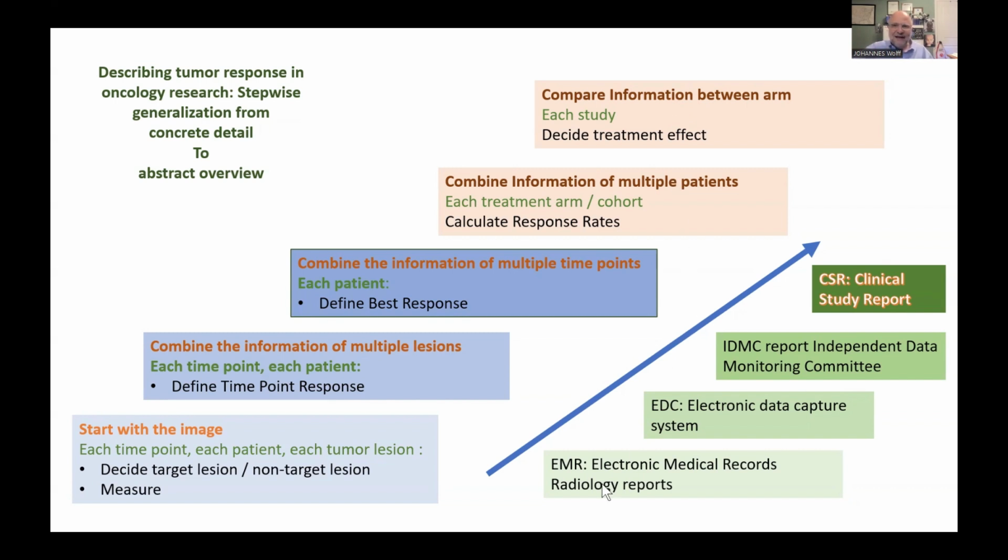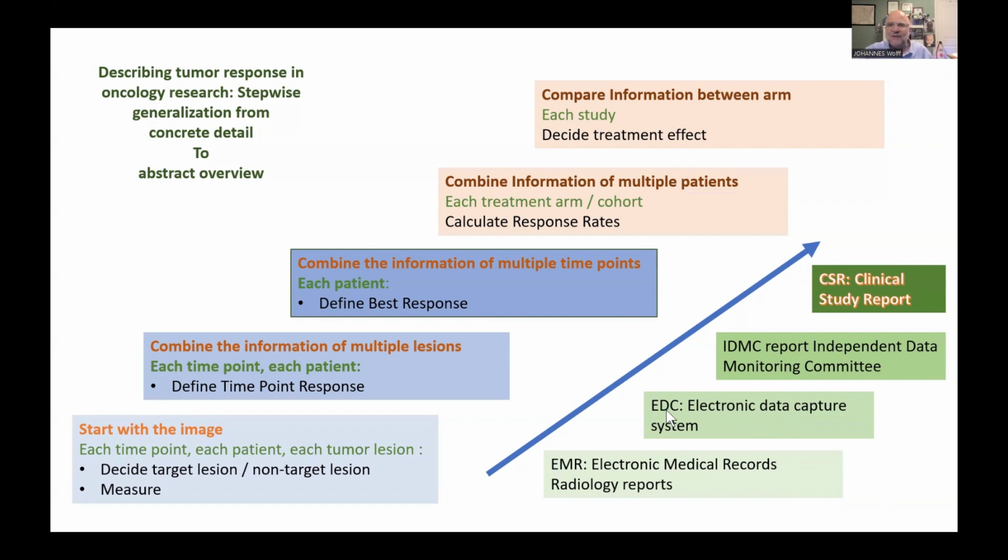As we're doing this, our documentation system changes. There are the radiology images in the beginning turning into radiology reports that then turn into the electronic medical records of the hospital, of the treating physician. Those are records meant to help the patient primarily. And they get translated into records that are meant to help primarily the clinical trial.